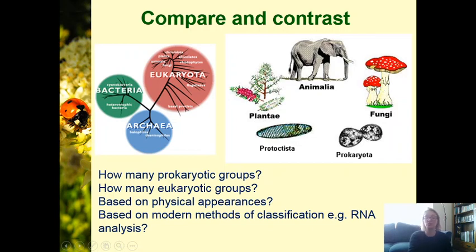This originally was based on physical appearances, and I think because of all of these changes in the way that we're classifying organisms, based on DNA evidence, some of these things are going to get resorted fairly soon, especially the protoctista, which is the category for everything that doesn't quite belong in all of the other categories. Originally it was physical appearances. This domain system, however, is based on modern methods, because of the RNA evidence that they found. So it's a much more modern classification system.